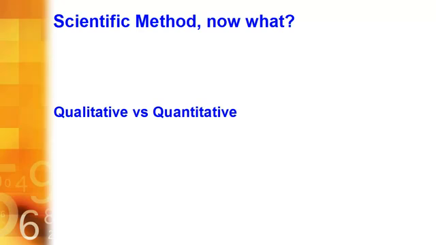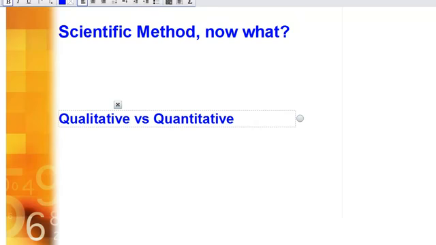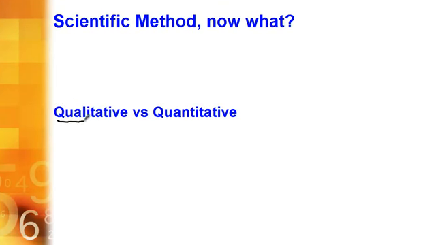And as we take a look at those words, we can see from those root words, we've got quality here versus quantity. And so the qualities of things are things like characteristics, physical characteristics.